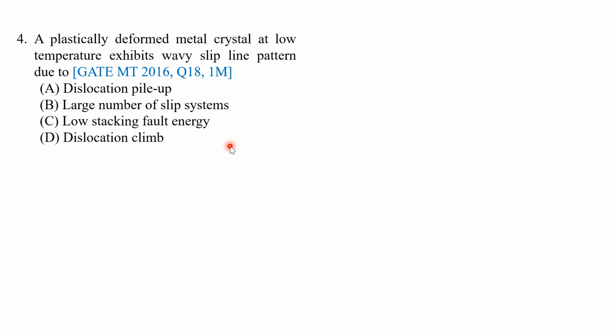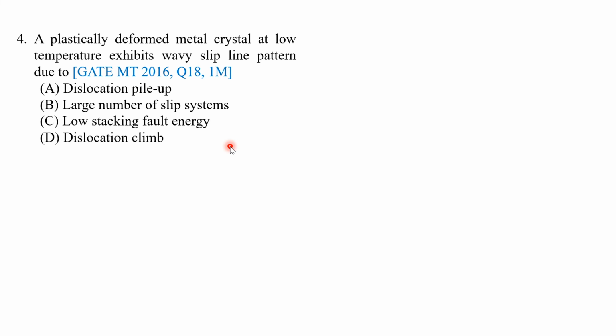Are stacking faults important to plastic deformation? Well, stacking fault energy basically depends on the free electron density distribution. That is a bigger concept, I would say. And usually, lower stacking fault energy means that dislocations will be less mobile and fewer stacking faults will be there in a particular slip plane.